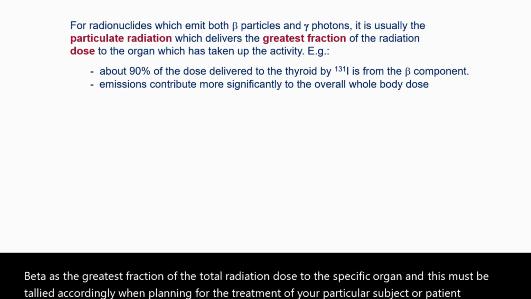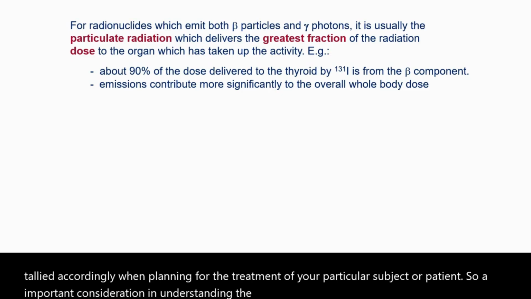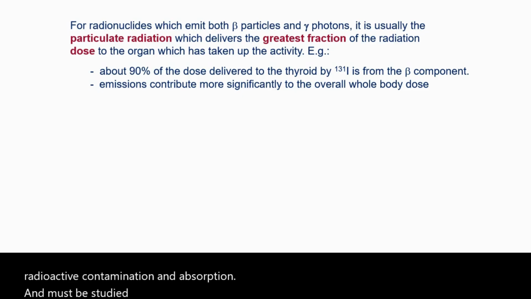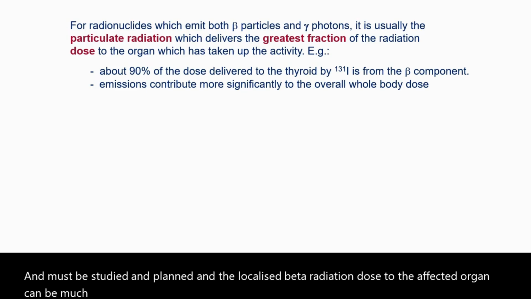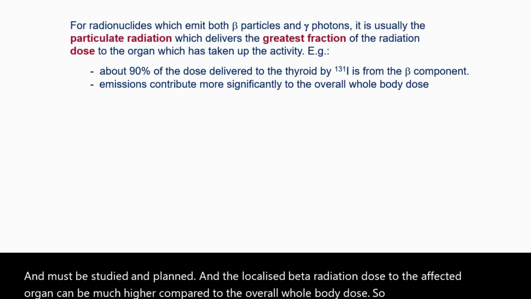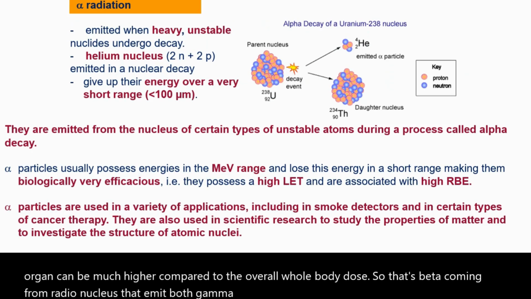It is an important consideration in understanding the potential biological effects in internal radioactive contamination and absorption, and must be studied and planned, and the localized beta radiation dose to the affected organ can be much higher compared to the overall whole body dose. So that's beta coming from radionuclides that emit both gamma and beta at the same time.